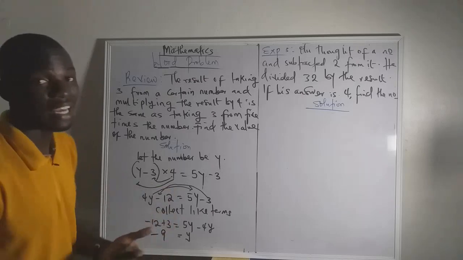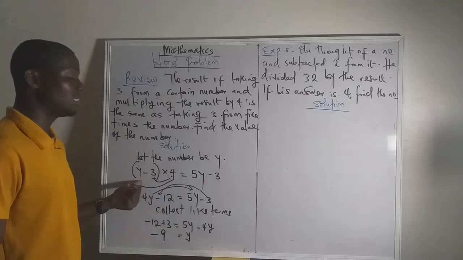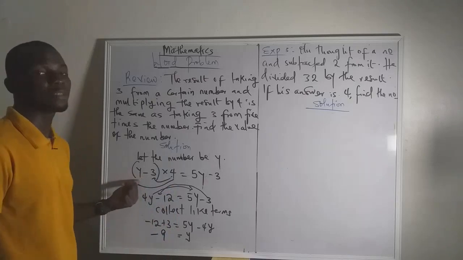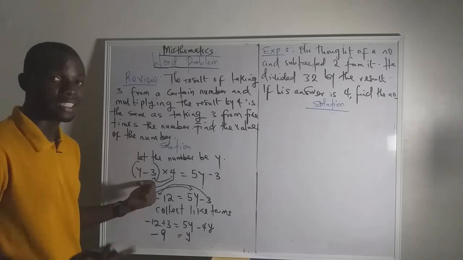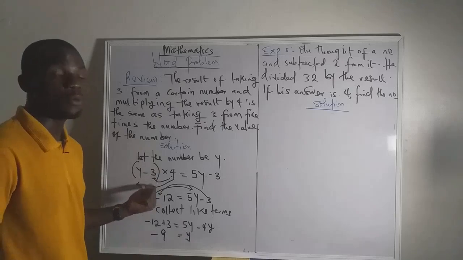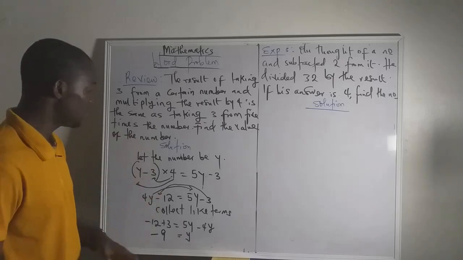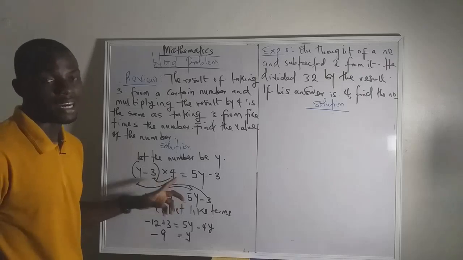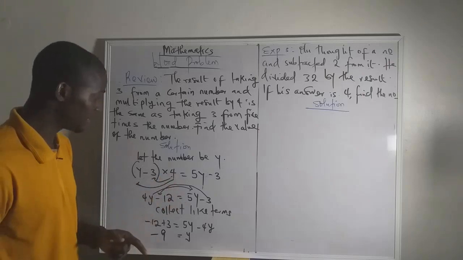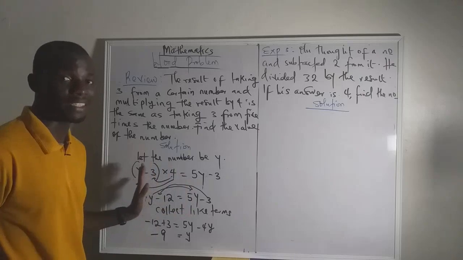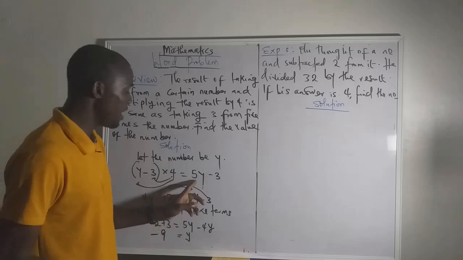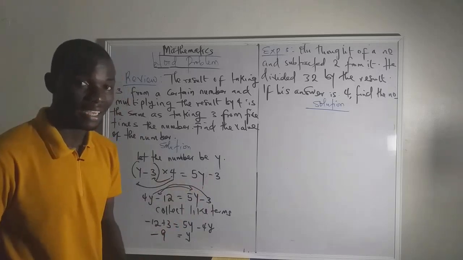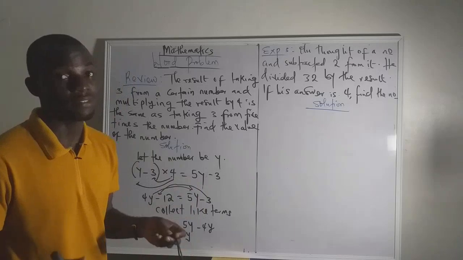We can verify our answer by putting it here. By the time y is minus 9, minus 3, negative 9, negative 3, that will give you negative 12, isn't it? And multiply it by 4, that would be negative 36. Now that is on the left hand side. Come to the right hand side. 5 times negative 9 is negative 45.